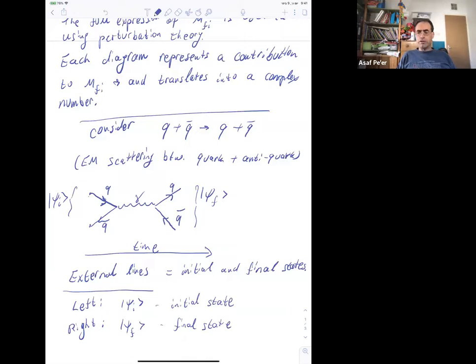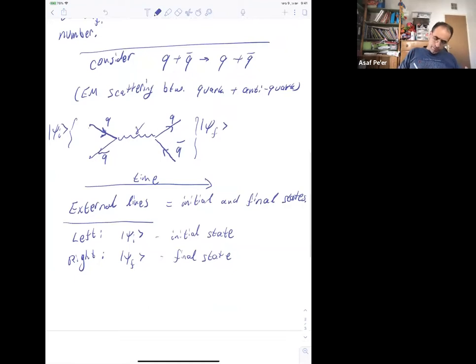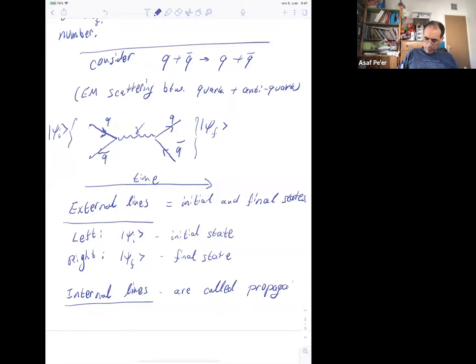It's a convention, of course, but this whole picture is a convention, right? The internal lines are called propagators. So here we have one propagator. This is the photon propagator.